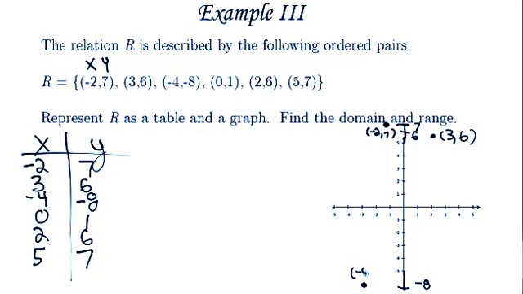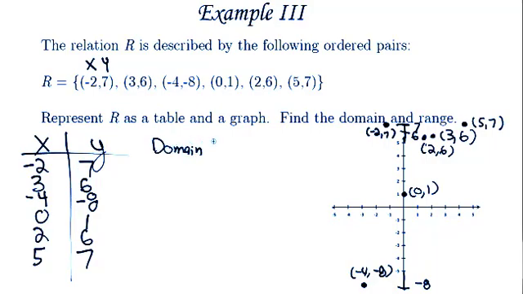Negative 4, negative 8. 0, 1. 0 for the x, 1 for the y. 2, 6. So 2, 6. And finally 5, 7. And what I have here are 5 discrete points, so that is my graph of this relation.